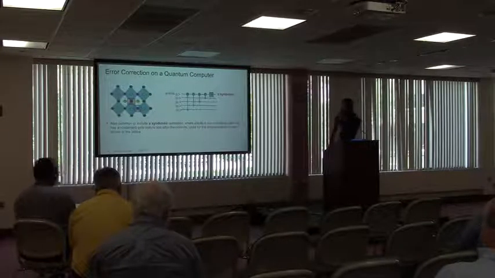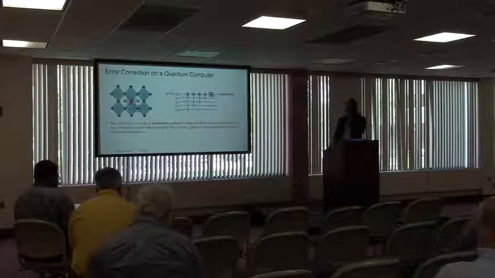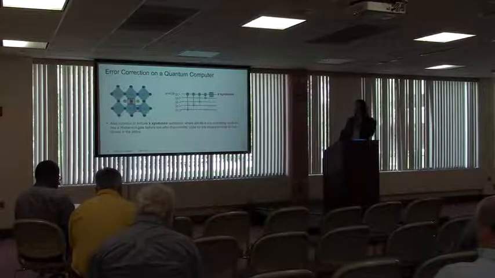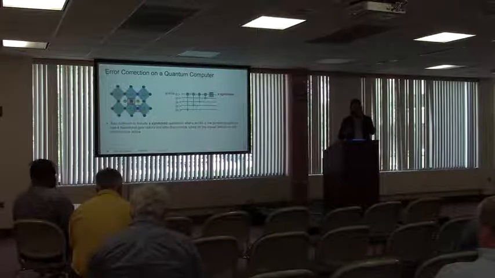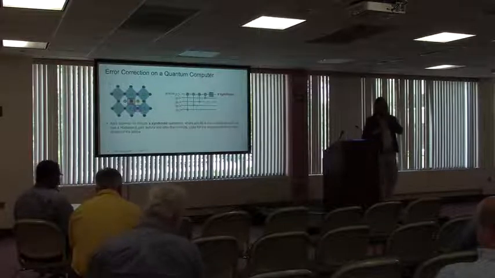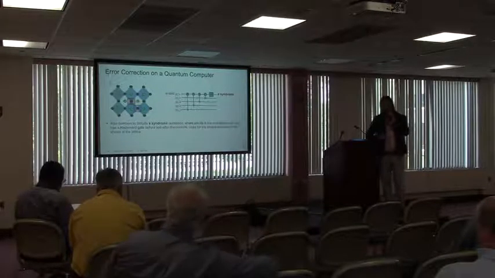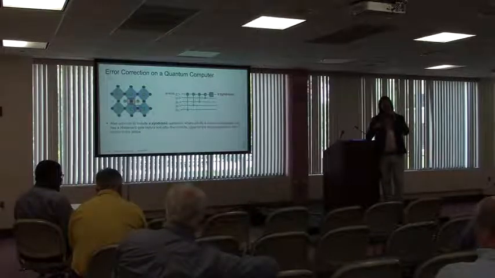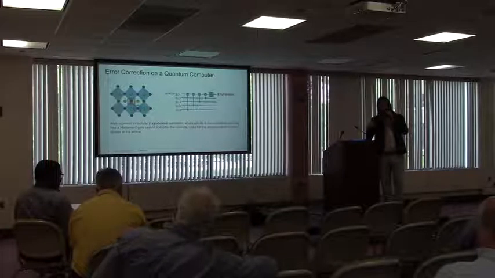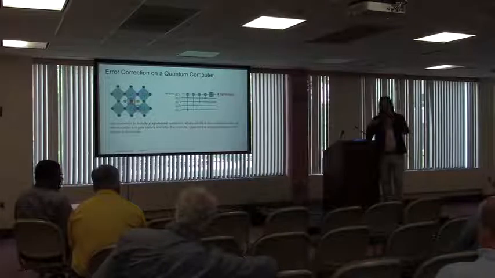So there is really not much limit on how much error correction you can introduce. So, for example, you can use 27 qubits to describe one logical qubit, and all the rest of those 26 qubits could be helping in improving your error rates.